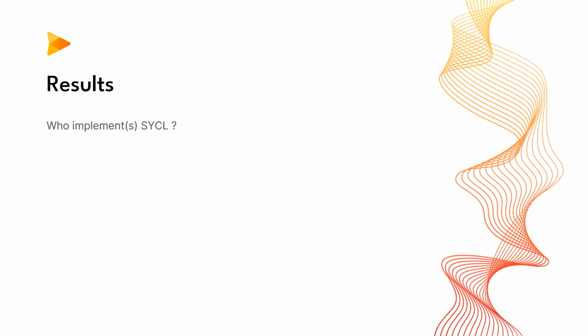So the first question that we asked in my internship, and the first thing that we did, is state of the art. We started to read papers and articles and all useful resources on the net to answer the question: how many cycle implementations are there?